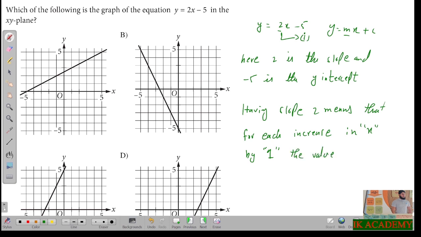The value of y will increase by 2 times because the slope is 2.